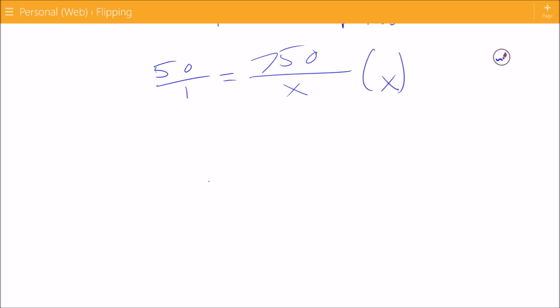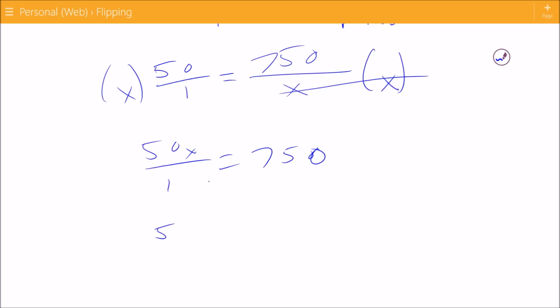Again, I need to clear out the denominator, multiply both sides by X. I'm left with 50x over 1 equals 750. What do we see here again? As we saw a moment ago, over 1 is just going to be the same as whatever the numerator is. So 50x equals 750. Last step, clear out the coefficient.